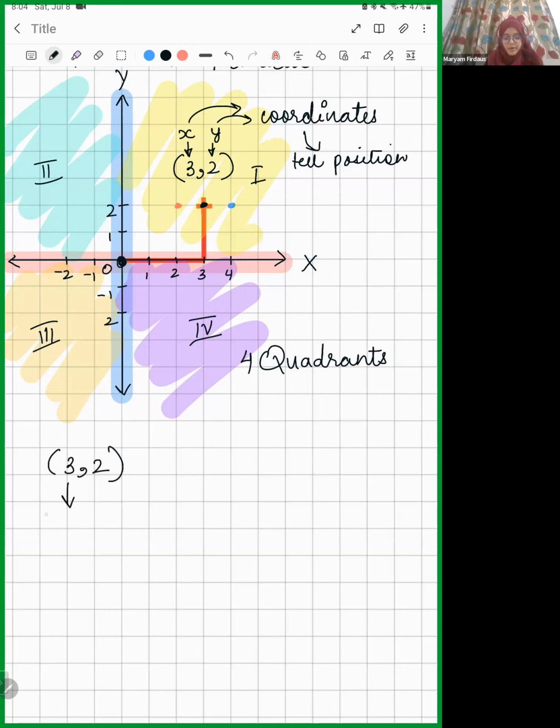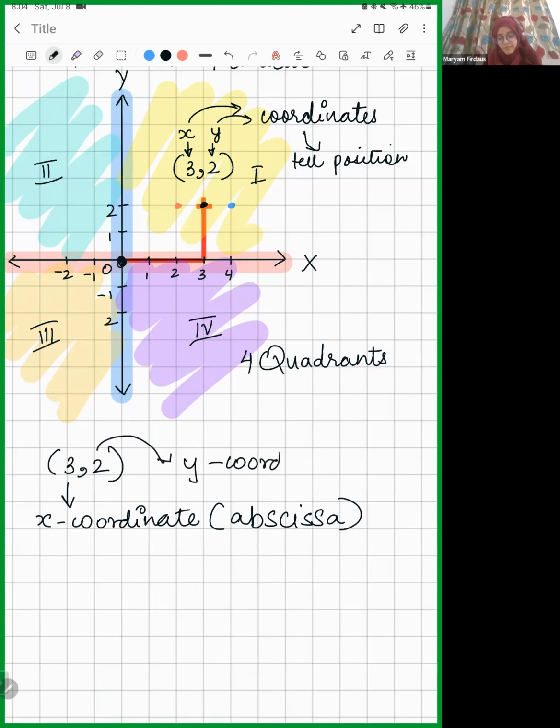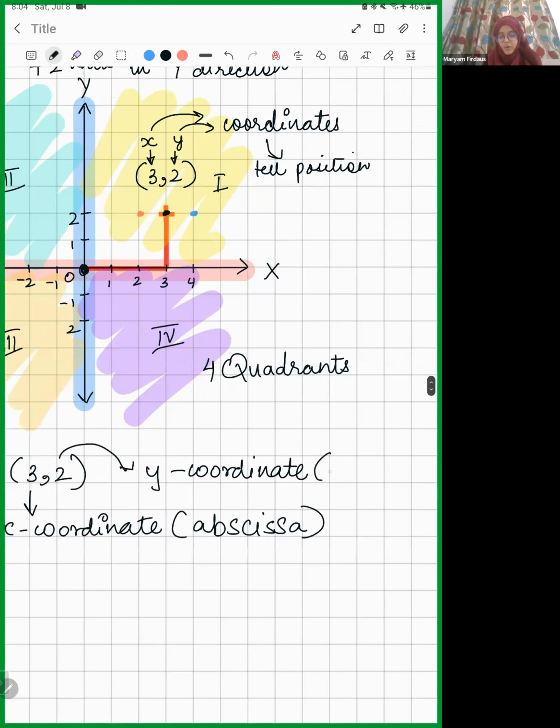The x coordinate is also called abscissa. And the y coordinate is also called ordinate. These are just 2 terms that you have to remember.